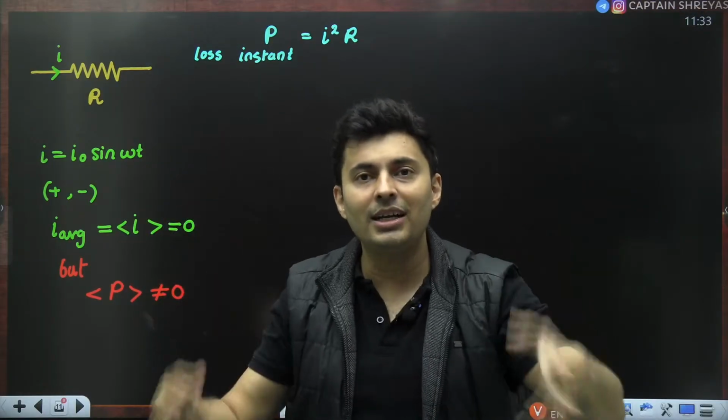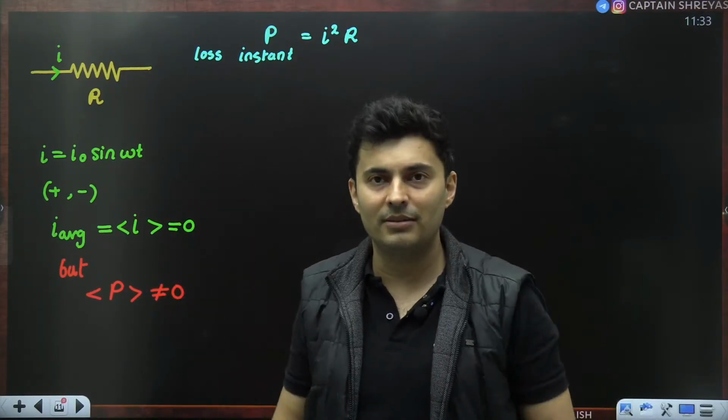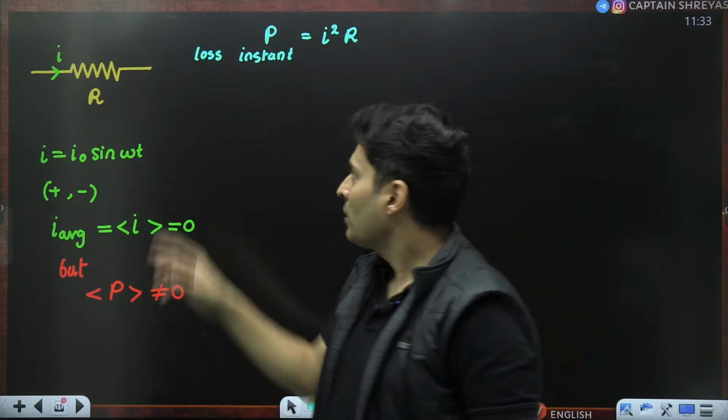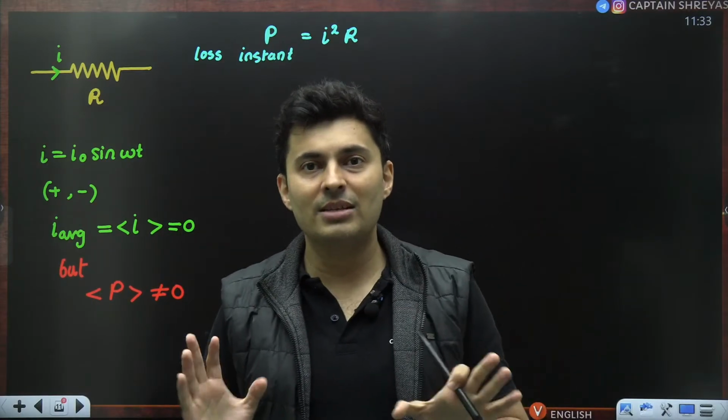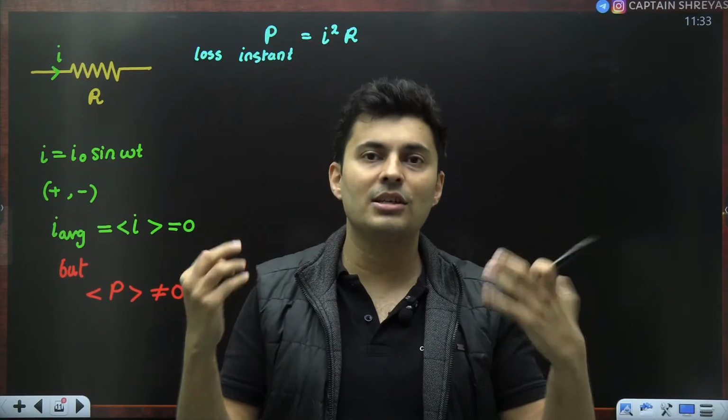If every time the power is positive or at minimum 0, how can this number ever be negative, which means how can this number's average be 0?